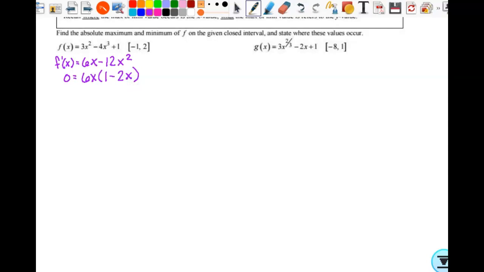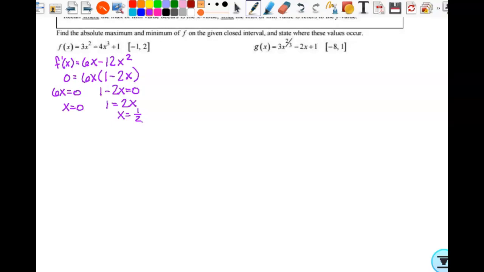Now that it's factored, I set 6x equal to 0, and I set 1 minus 2x equal to 0. So I get x equals 0, 1 equals 2x, so x equals 1/2. Okay. Everybody okay with that?